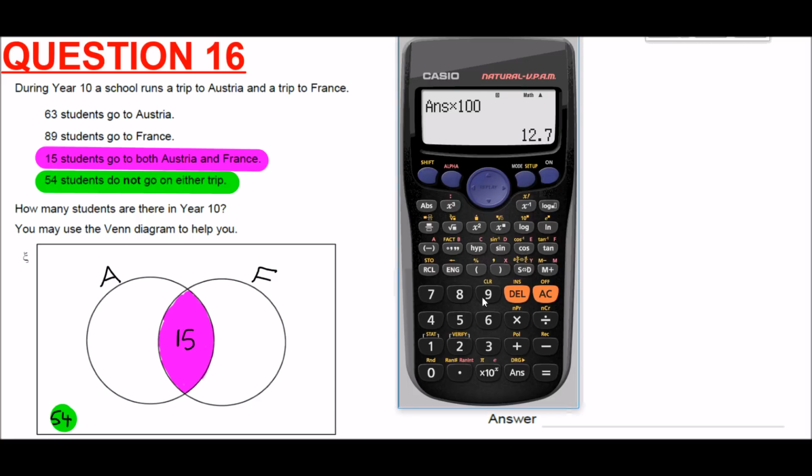So looking at Austria, it says 63 students go to Austria. Of those 63 that go to Austria, 15 of which also go to France. And so the students that go to Austria alone and not to France will be 63 minus 15. And so we can work this out here. 63 minus 15 is 48.